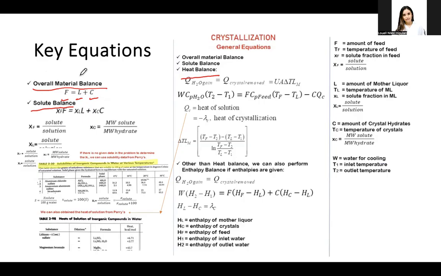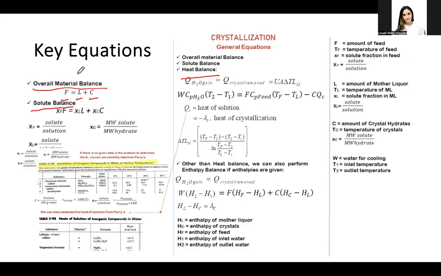So no mass is lost, it just separates into two parts. Now, for solute balance, you have X subscript F times F is equal to X subscript L times L plus X subscript C times C.